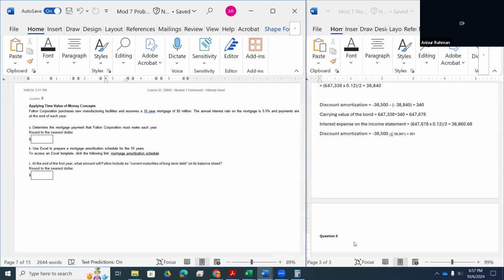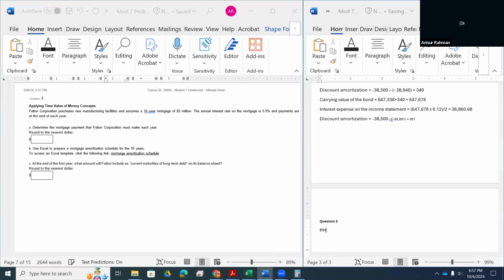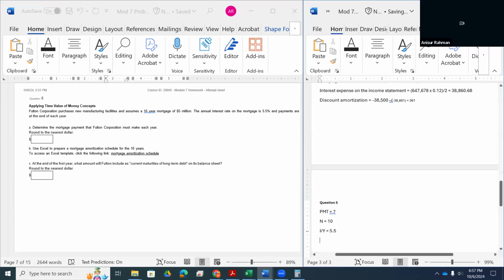So it is asking how much is the payment on your calculator. So our N in this case is 10 years. Payments are made at the end of each year, so it will not change. So 10. Next variable I/Y, the interest rate is 5.5%. So 5.5, for the calculator we will skip the percent sign.